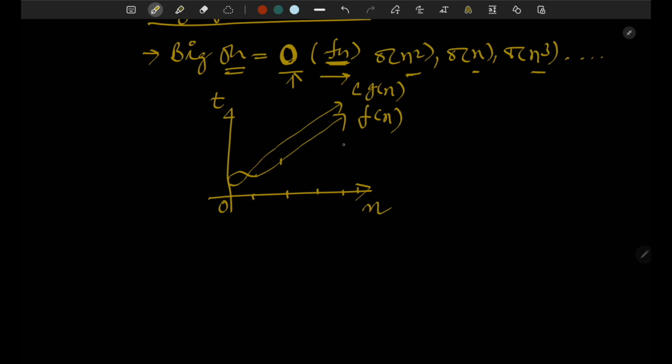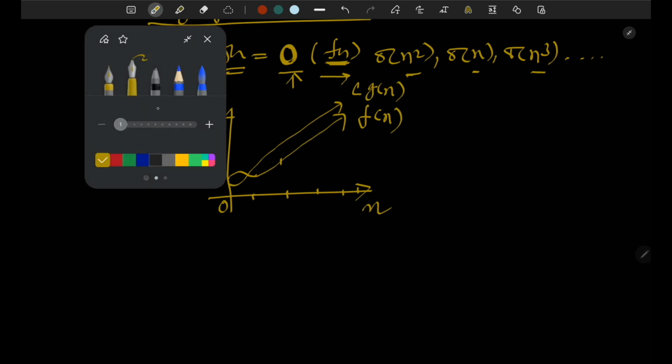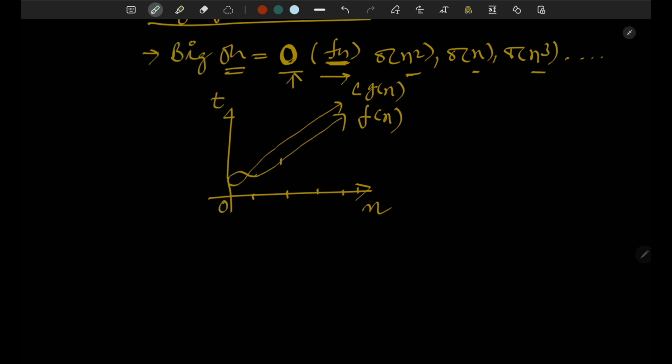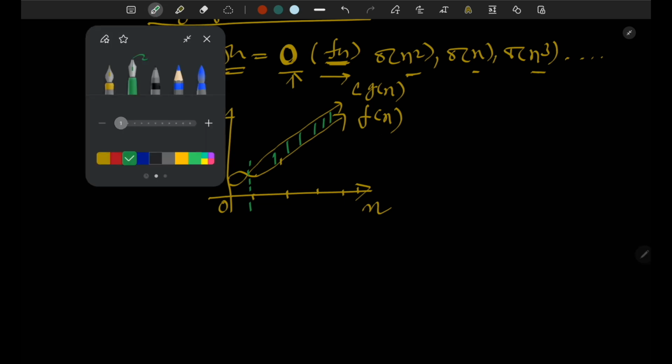So what we can observe is that after a certain point of time, so let me use a different color here. So after a certain point of time, the c of g(n) is always bigger than this f(n). So no matter what, this c of g(n) is growing more or is always on the top of f(n).